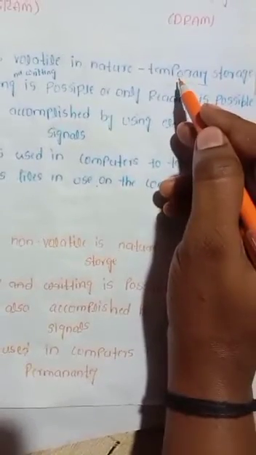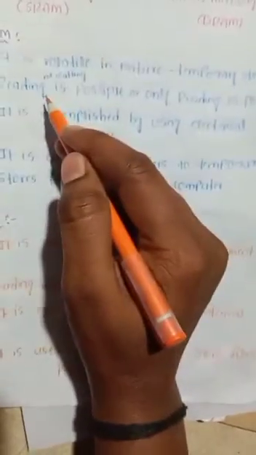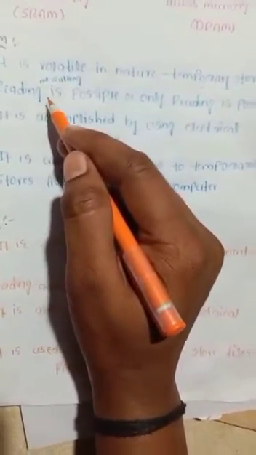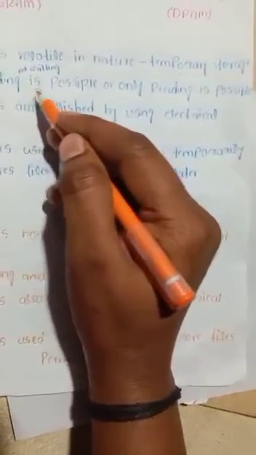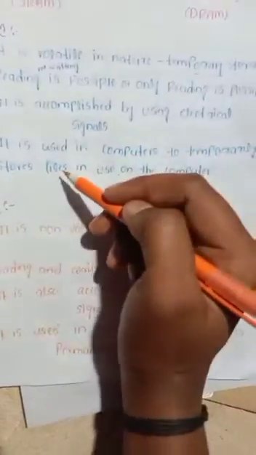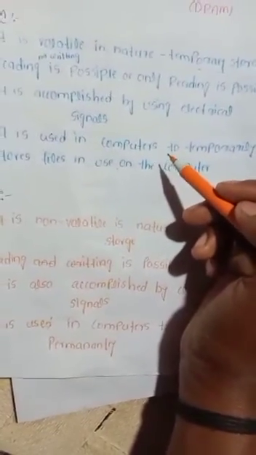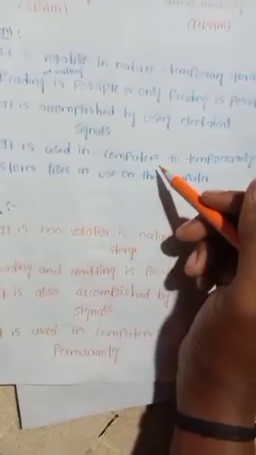It is used for temporary storage. The random access memory performs reading and writing operations. It is accompanied by electrical signals. It is used in computers to store the data temporarily.